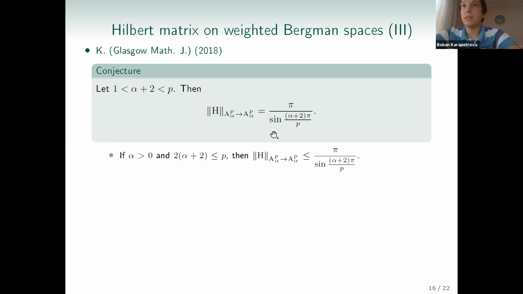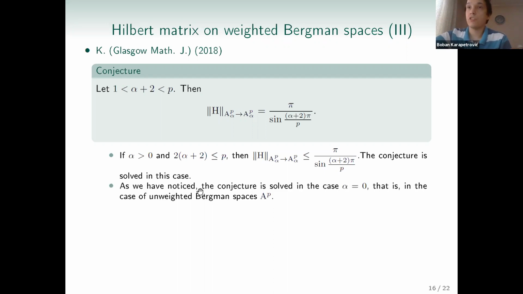We prove that this is an upper bound for this norm in the case when alpha is greater than 0 and p is greater than or equal to 2 times (alpha plus 2). So the conjecture is actually solved in this case. And also the conjecture is solved in the case when alpha is equal to 0, in the case of classical Bergman spaces A^p.